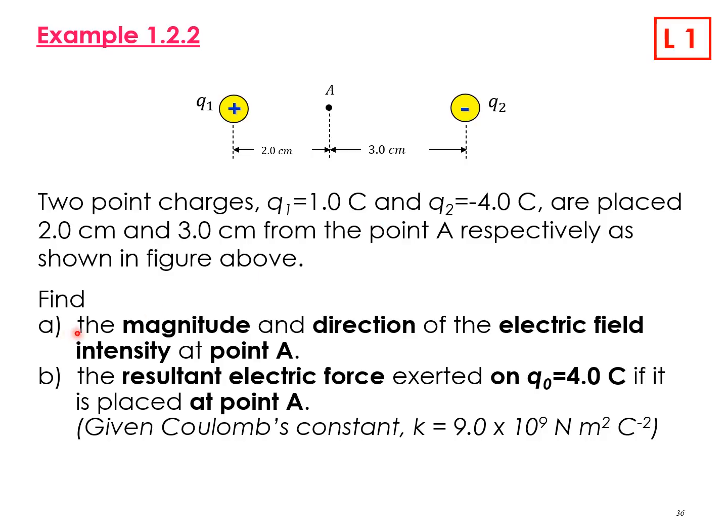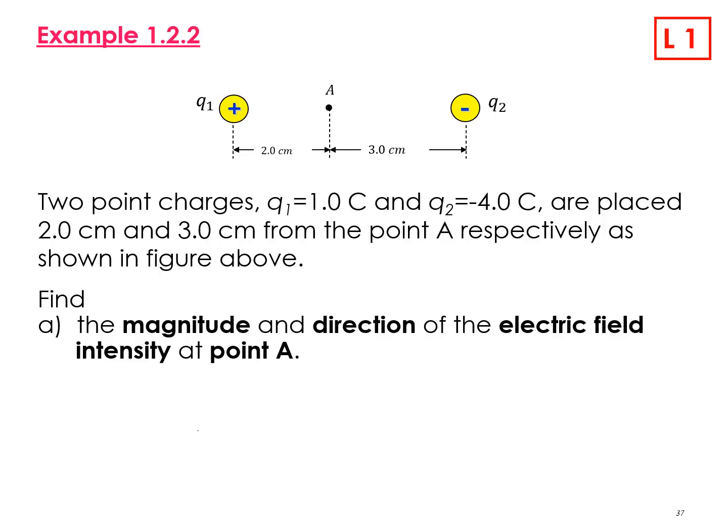They ask you to find the magnitude and direction of the electric field intensity at point A, and also the resultant electric force F exerted on Q naught of 4 coulomb if it is placed at point A. So, solution: how to solve this type of question.